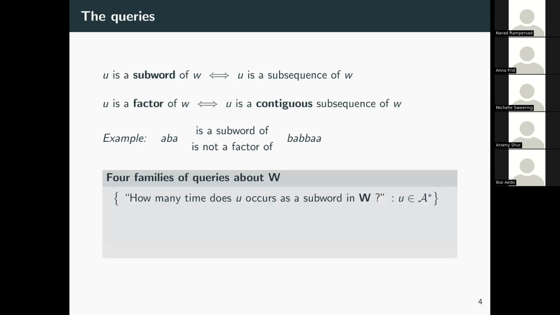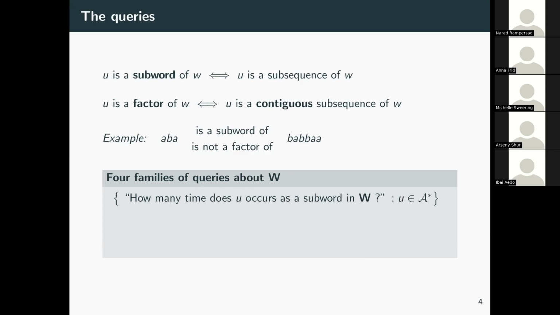What are the families of queries I want to look at? First, I could ask the oracle, for any word U, how many times does U occur as a subword in W? I want to find all the occurrences of U as a subword, and I want to know how many of them there are.